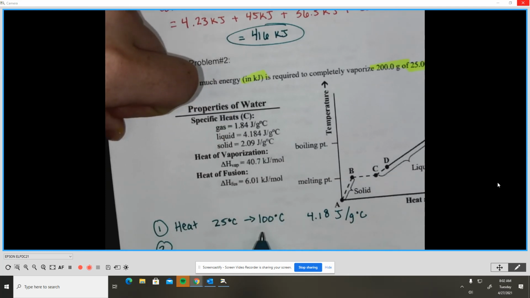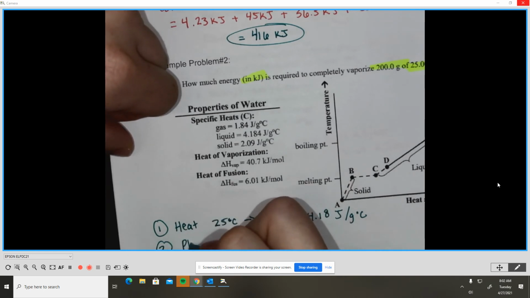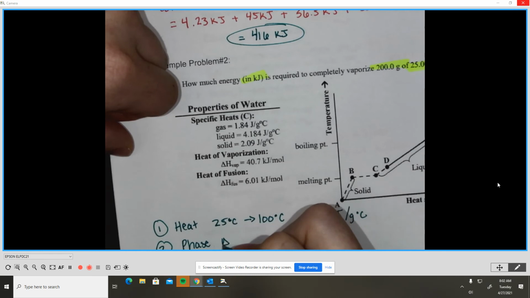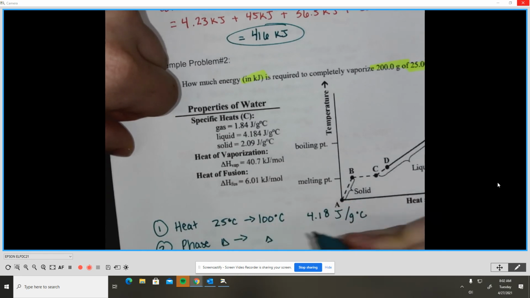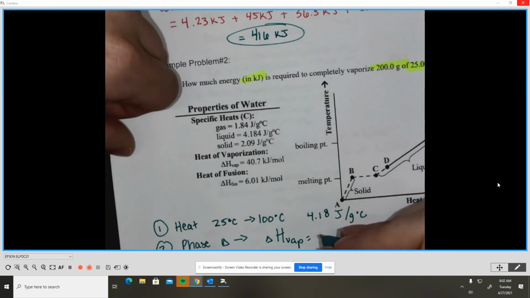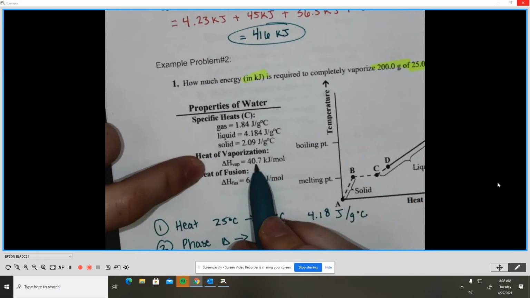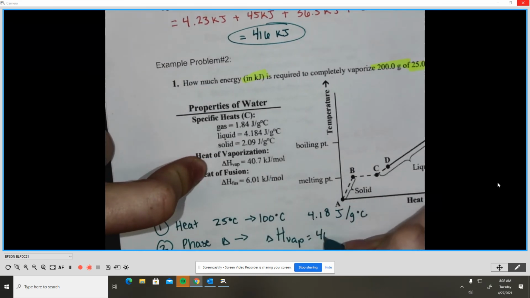Once we've reached 100 degrees Celsius, at that point, we are going to need to have a phase change. So we're going to vaporize. In that instance, we're using our heat of vaporization, which in this instance they tell us is 40.7 kilojoules per mole.